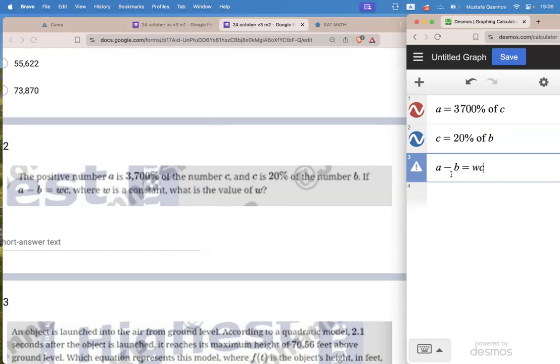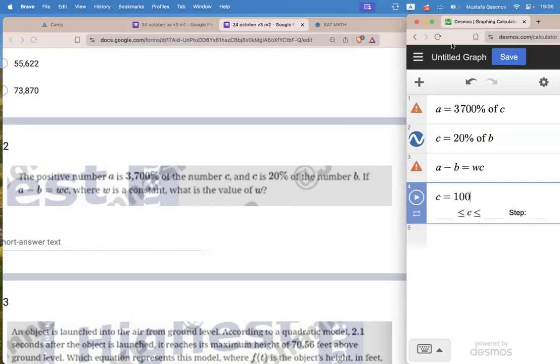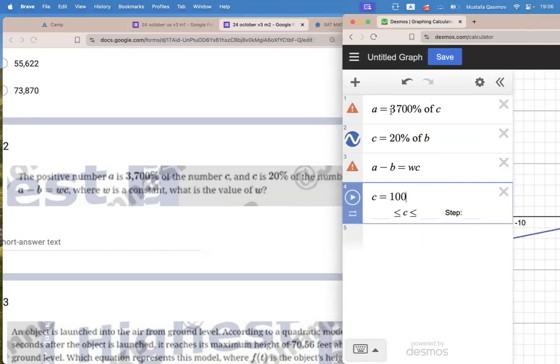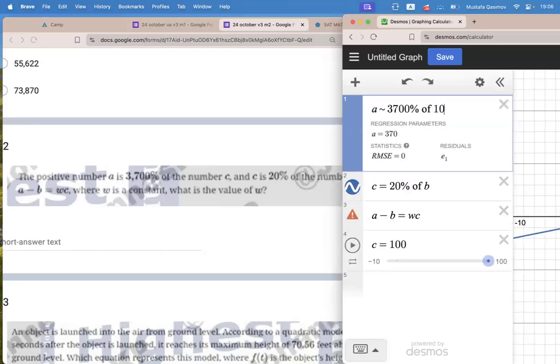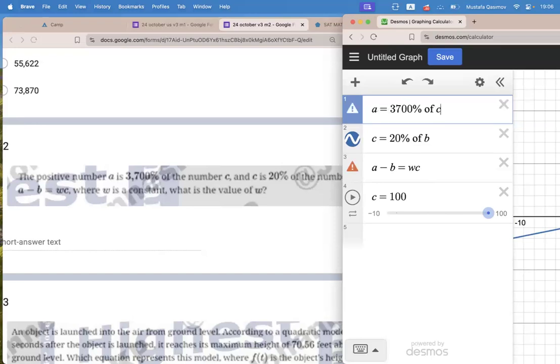For this type of question, because it's WC, you have to write 100 instead of C. But if you write 100 or any other number instead of A or B, it's also correct. So when it is 100, it means that A will be... Let's do it like this.